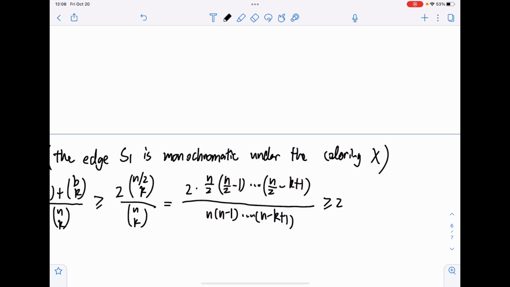In this step we use the inequality that 1 plus x is less than or equal to e to the power of x for real x.